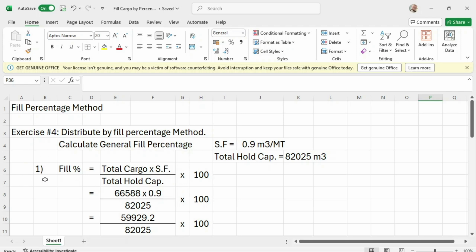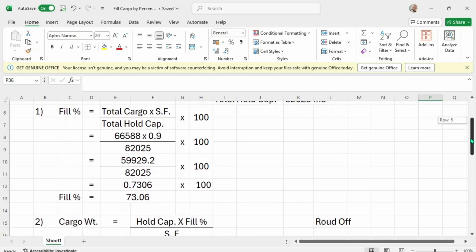So first we go to hold number 1. You put here the total cargo, which is 66588 times your stowage factor over your total hold capacity times 100, and your fill percentage for hold number 1 will be 73.06.